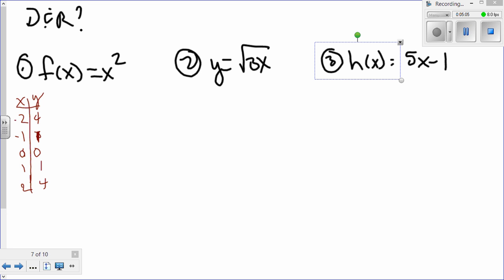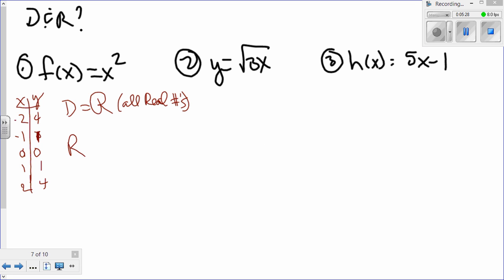This is going to help us find our range. My domain is equal to, if I draw that funny looking R, it means all real numbers. All real numbers.